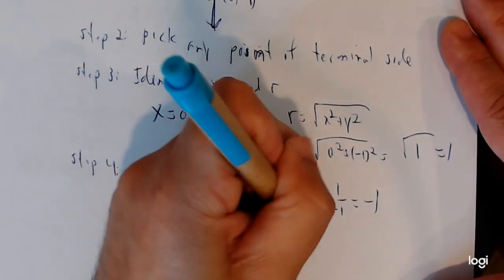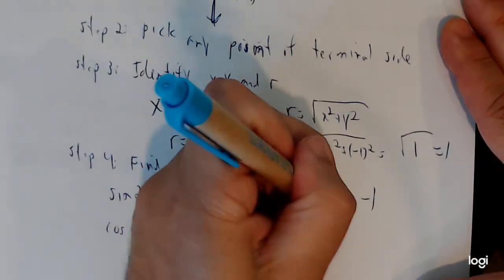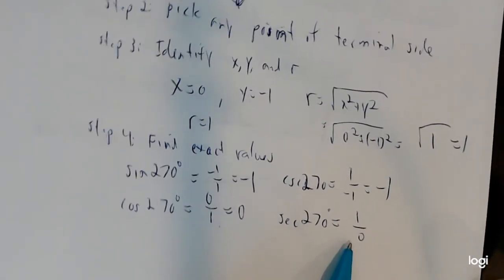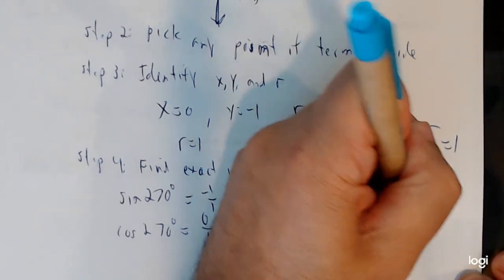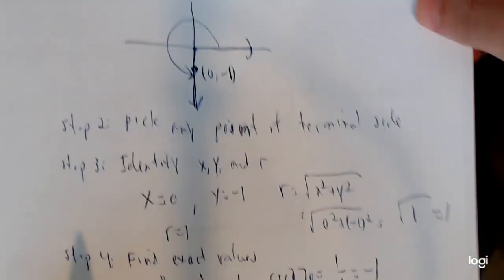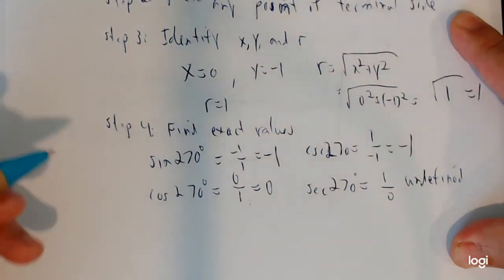Secant of 270 degrees is r over x, so it's 1 divided by 0, and that's a problem. We can never ever divide by 0. If you're dividing by 0, that just means this is undefined. So secant of 270 degrees does not exist. In fact, anytime we divide by 0, just know that it doesn't exist.